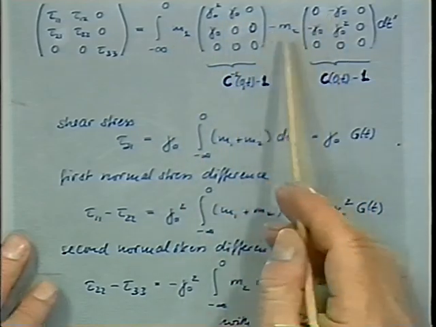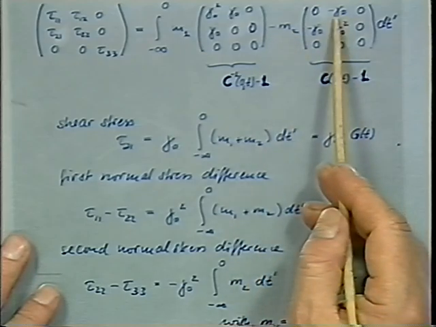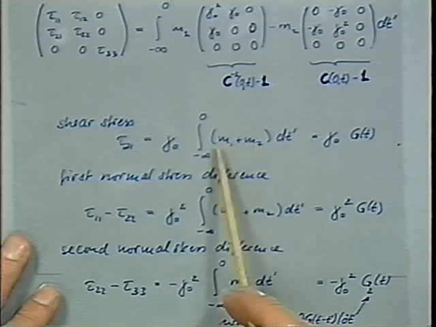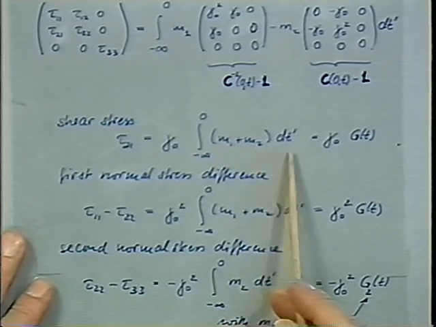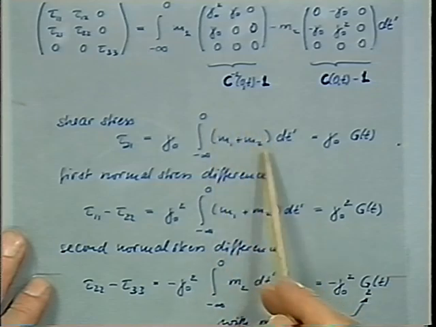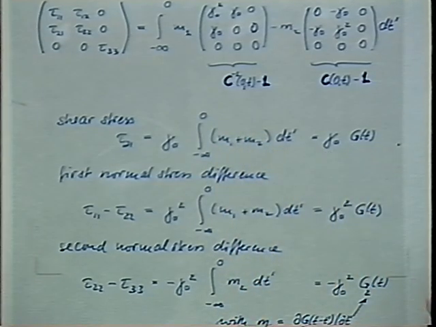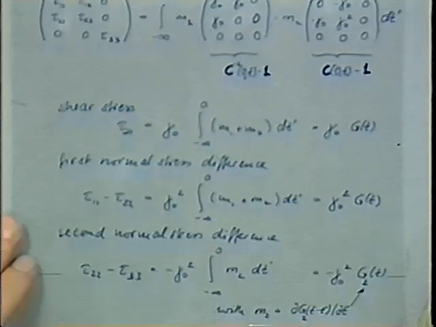Minus and minus cancel, so we have plus m2 times gamma 0. Gamma 0 is put outside, and we have m1 plus m2 integrated, and that's certainly the modulus of linear viscoelasticity, so our response is as expected. It actually is the linear viscoelastic response which we are predicting, and this is the intermediate state we are looking at.